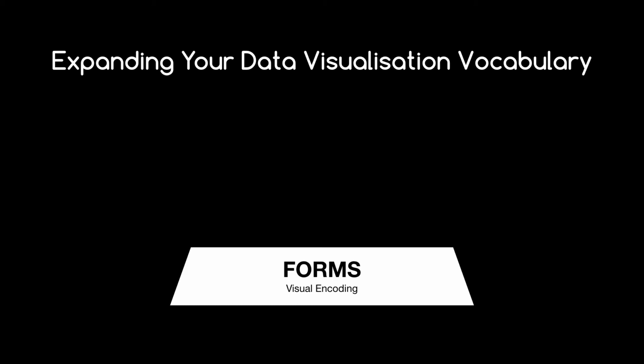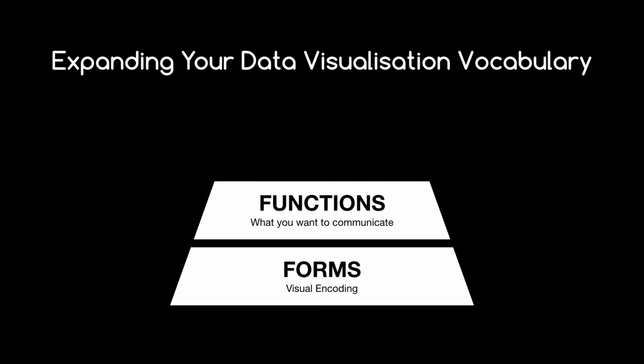So in this talk, first we'll be looking at the foundational building blocks of what charts are constructed out of, which are the visual encoding methods. Learning this can be useful in your designing of your own visualizations from scratch. Next, we'll look at the various functions you need to consider before selecting a chart.